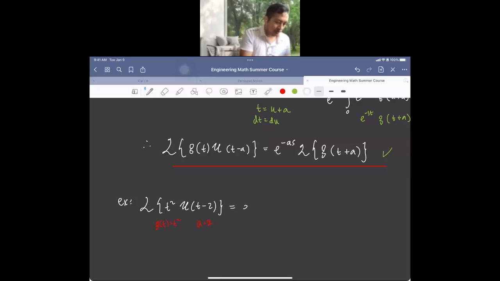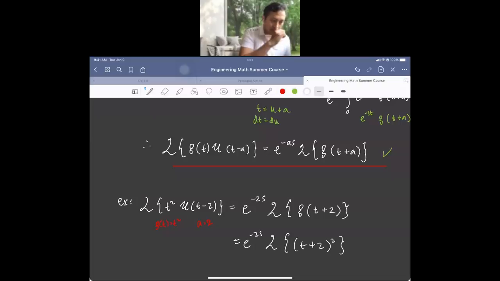So basically what we are going to do is e negative 2s and then Laplace of g of t plus 2, or we can say directly that g is t squared, so this will be t plus 2 squared.